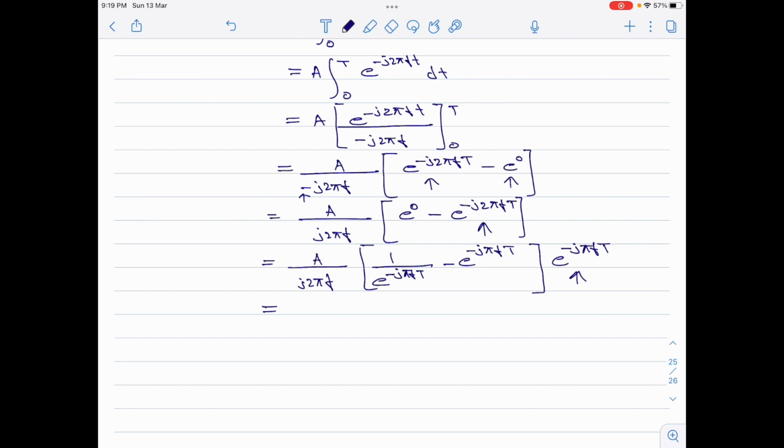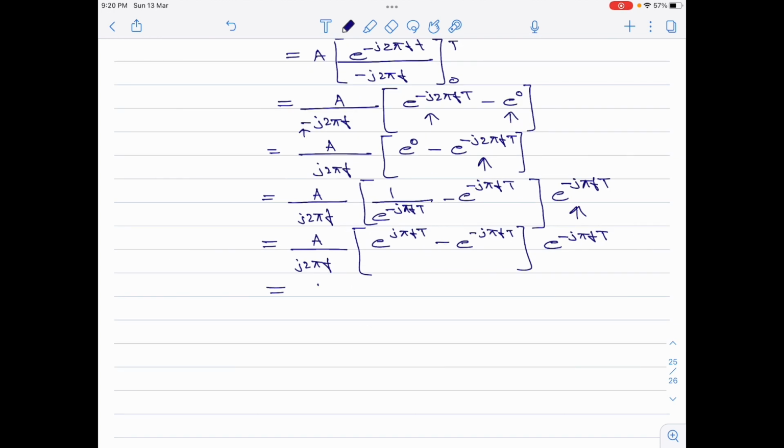So, this will simplify to a divided by j 2 pi f into, the denominator is taken to the numerator. So, e to the power of minus j pi ft becomes e to the power of plus j pi ft. Then we have minus of e to the power of minus j pi ft. Then we have e to the power of minus j pi ft. Now, I am going to make more modification.